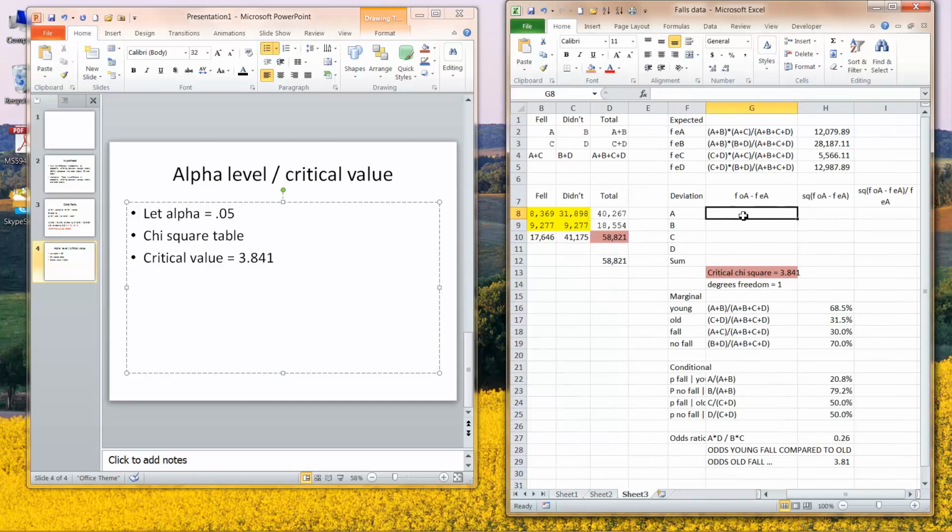So next step, let's subtract observed minus expected. So the observed for A is here minus the expected, observed in B minus expected.